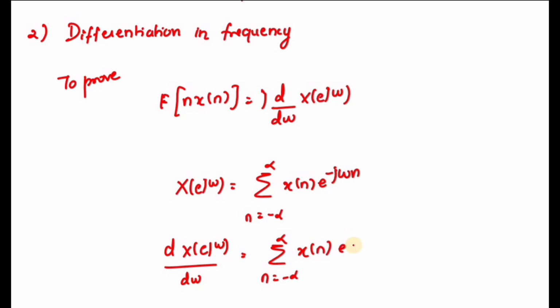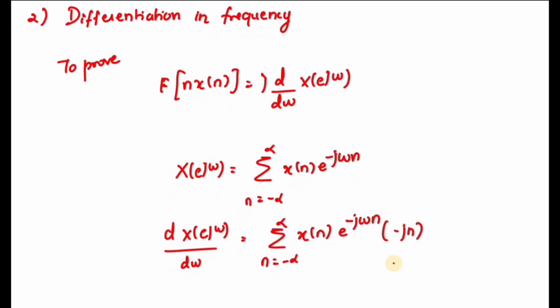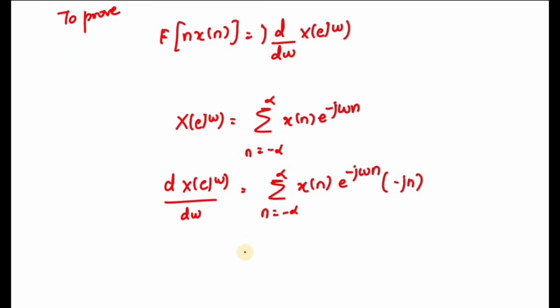So if I differentiate with respect to omega, I will get minus j, so you will get minus j times the summation from n equal to minus infinity to infinity of x of n e power minus j omega n into n.